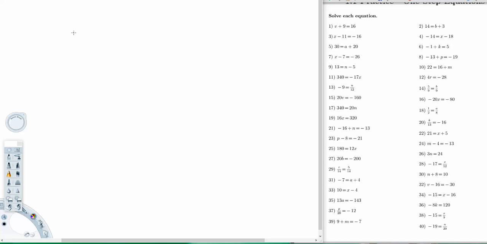Moving along. Oh, 20 looks more complicated. k over 13 equals minus 16. That one looks harder. Okay, so how do we get rid of this 13? It's k over 13. We want k, so what we're going to do is multiply by 13.